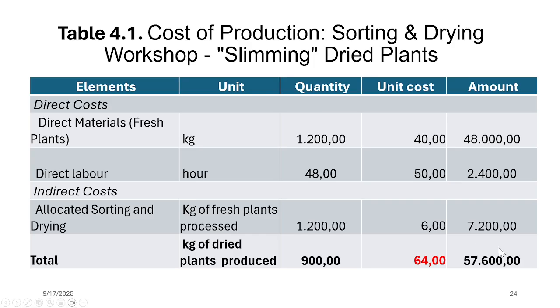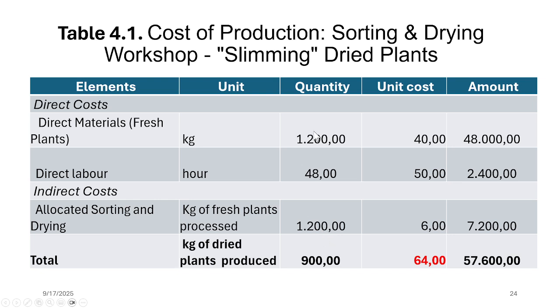So now we have 57,600 as the total production cost in the sorting and drying workshop. So now we will calculate the unit cost of the dry plant after this workshop, right?